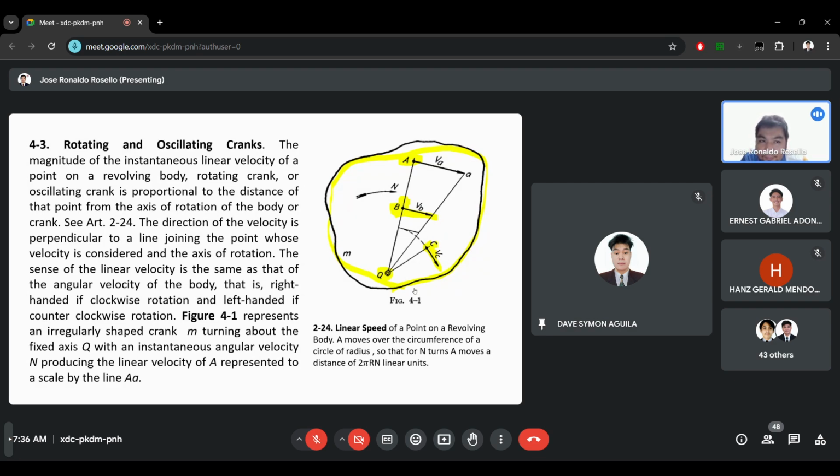So if they have a velocity scale of, let's say, 5 mm for every 10 meters per second, we will have to measure this velocity C vector using a ruler. When we measure it and it comes out that velocity C has 7 mm of vector, we will just multiply it with the velocity scale.